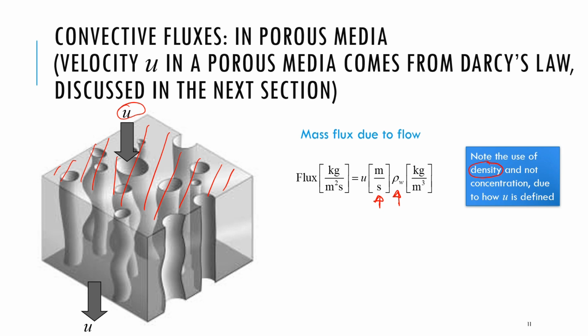Why? Because u, the way u is defined in porous media, is in meter per second. Let's say we're doing this for water, so flux of water. Then u is meter cube of water per meter square per second.